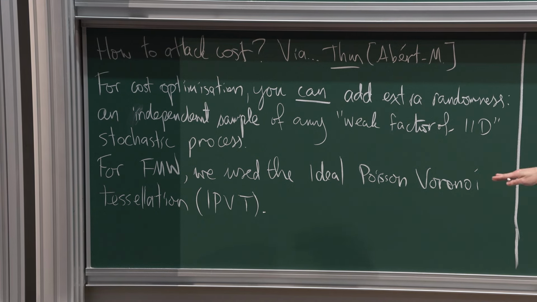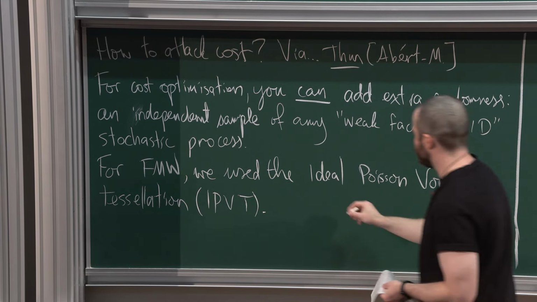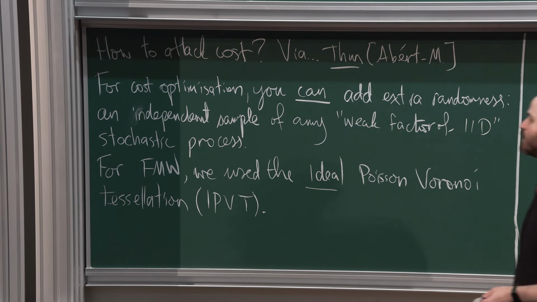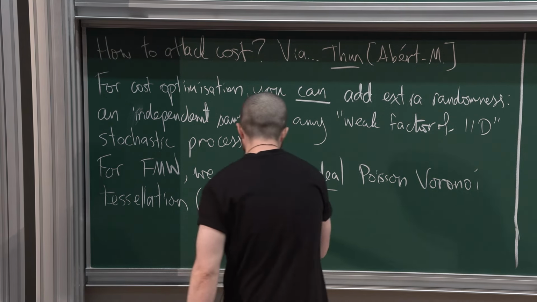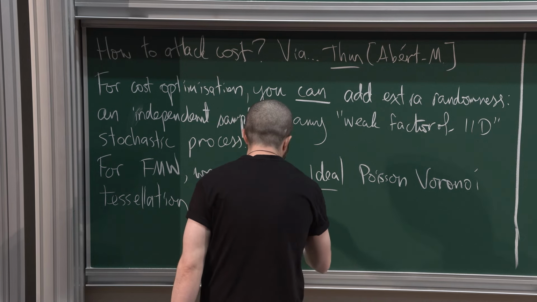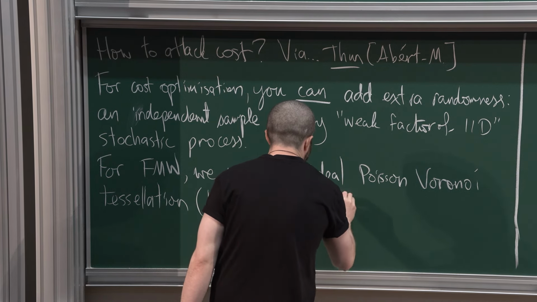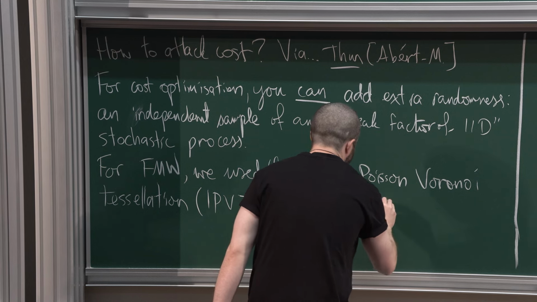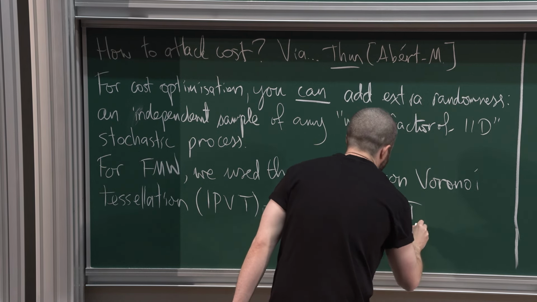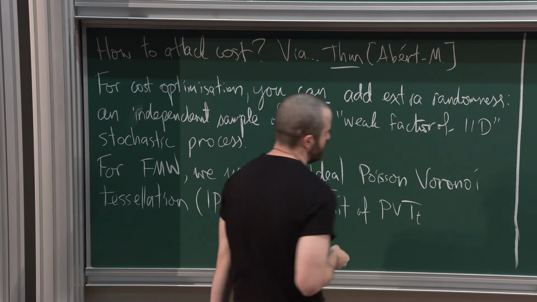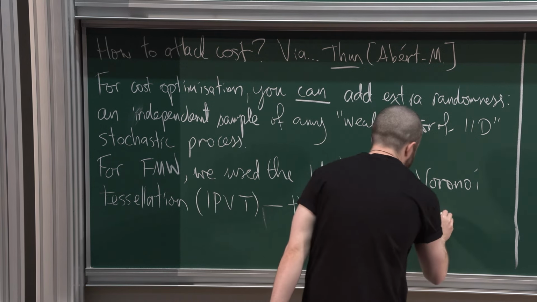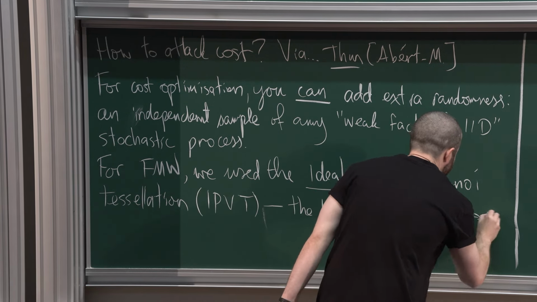And what makes this an ideal Poisson Voronoi tessellation is that you're looking at some kind of limit of this Poisson Voronoi tessellation as this intensity parameter goes to 0. So this is the limit of PVT_t, where t is this numerical parameter, as t goes to 0.